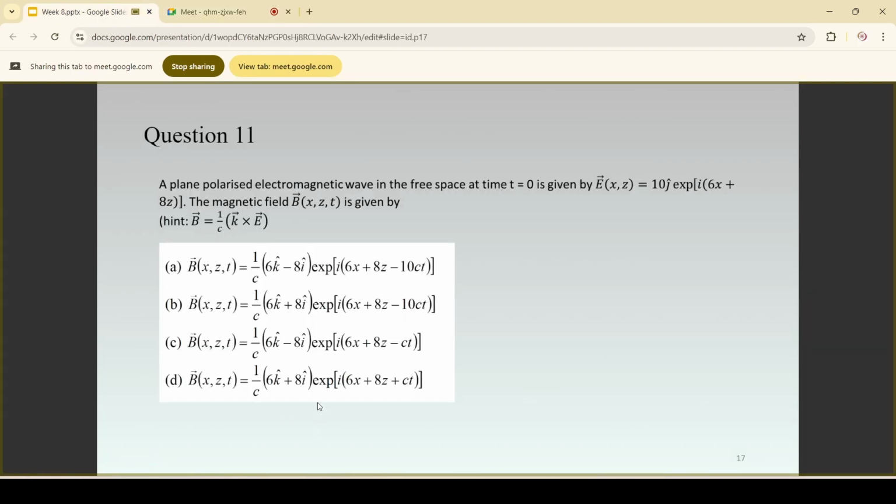So we can see that B(x, y, z) at some time t, obviously there is the time involved. So it's just a spatial component at t equal to 0.